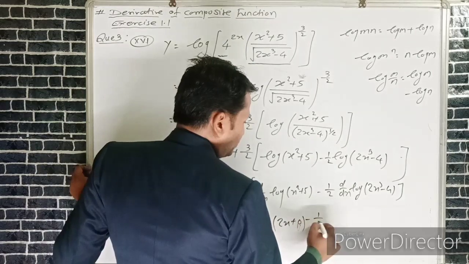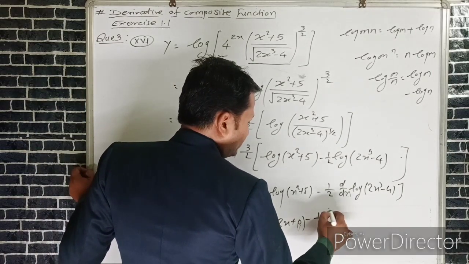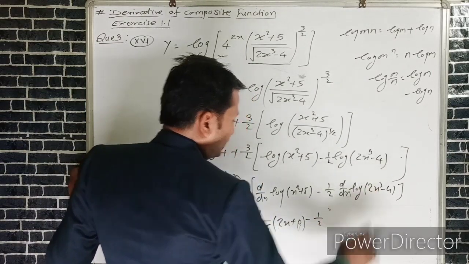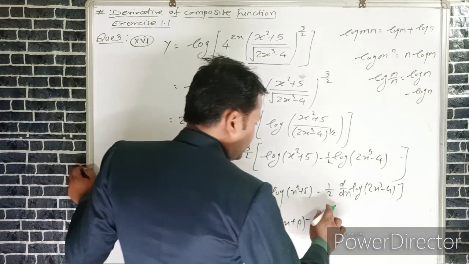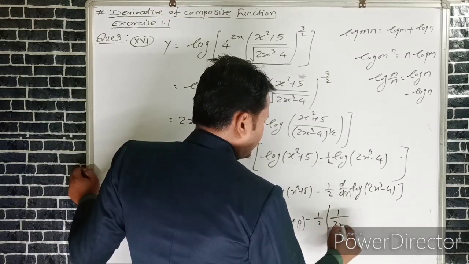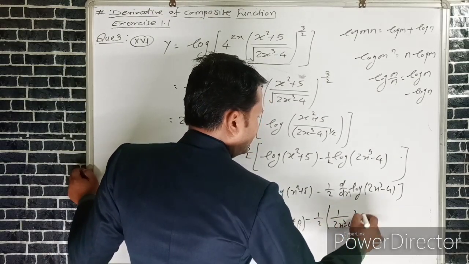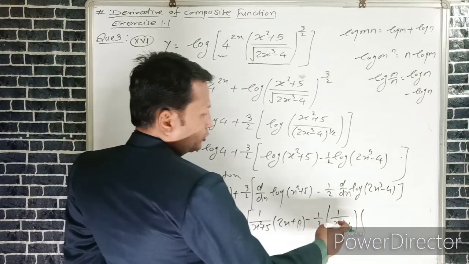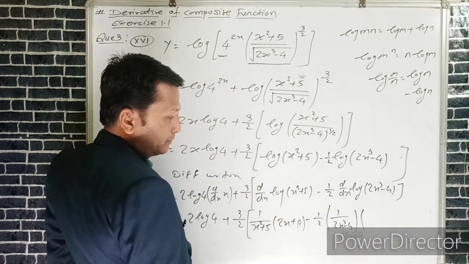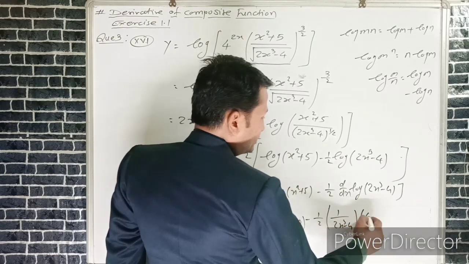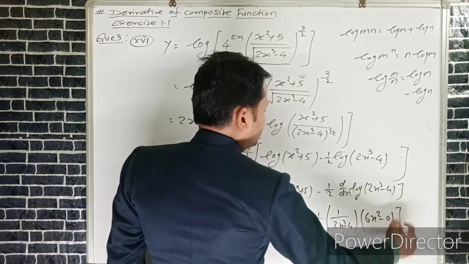Minus 1 by 2 into, we can write the derivative of log of 2x cube minus 4 is 1 upon 2x cube minus 4 into the derivative of 2x cube. The x cube derivative is 3x square. 3 into 2 is 6x square, minus derivative of 4 is 0.